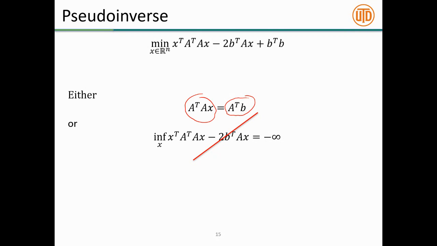That's the difference between solving the system Ax equals b and solving A transpose A x equals A transpose b. This system always has a solution, whereas Ax equals b does not necessarily, depending on whether or not b exists in the right space.